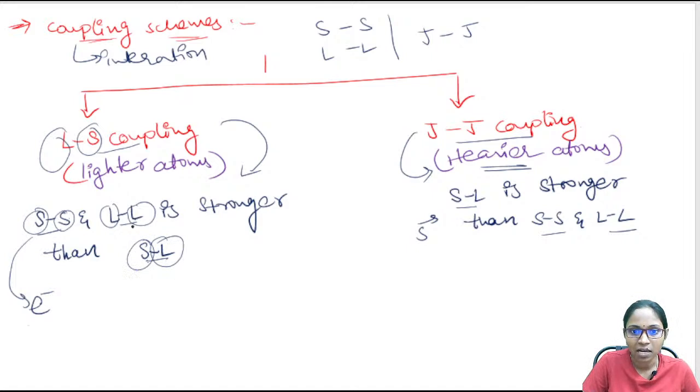Here SS and LL interaction will be stronger than SL. And in JJ coupling, the spin-orbit interactions will be stronger than the SS and LL coupling. So you have to remember these points. These are theory questions for your set exams or DL and JL examinations.